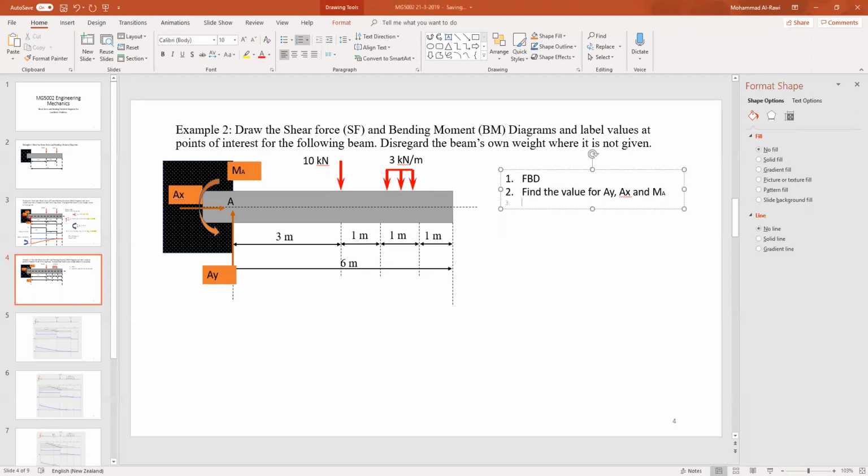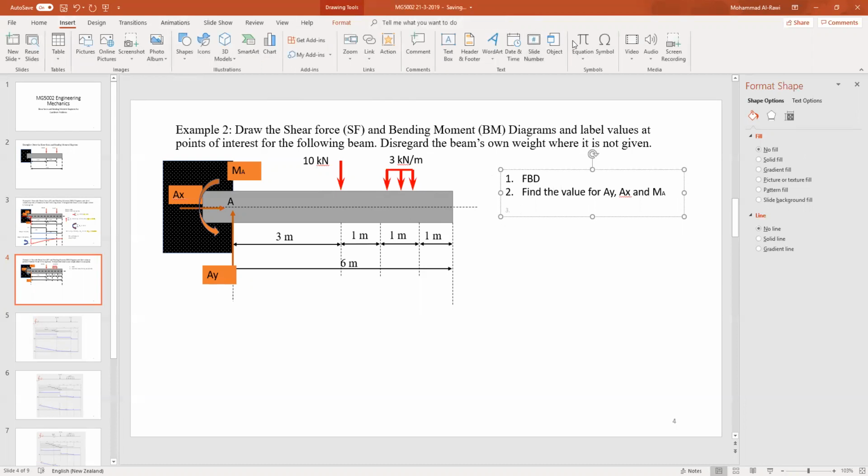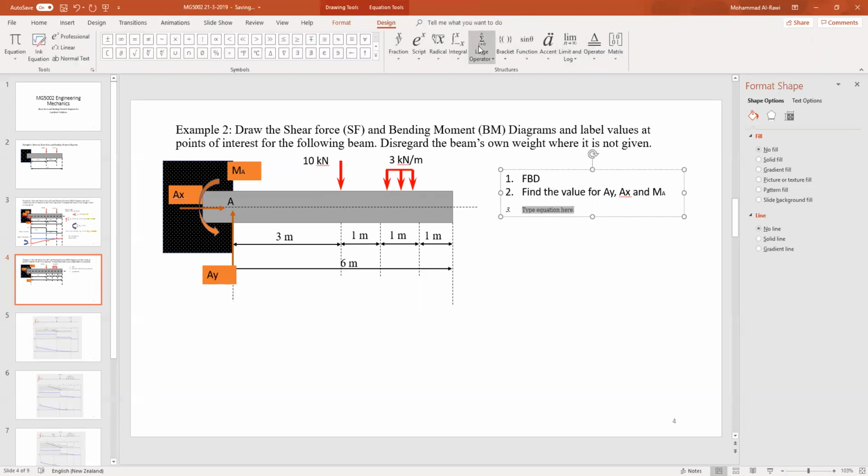Therefore, summation of forces in X equals 0, and this leads to AX equals 0, because it's not active.